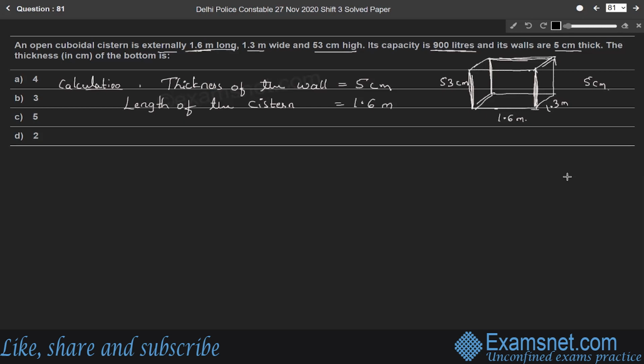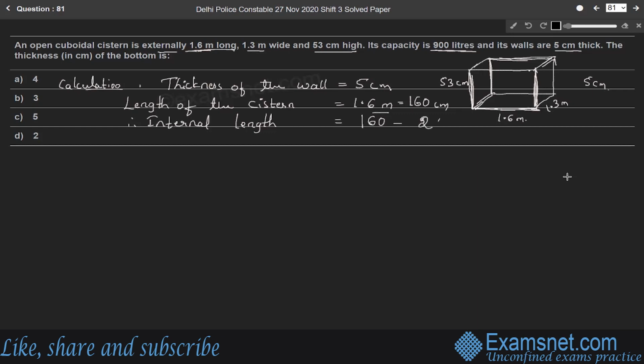Therefore, internal length: including the thickness of the wall, its length is 1.6 meter, which means 160 centimeter. 160 minus 2 times the thickness, because 5 centimeter is the left thickness and another 5 centimeter is the right thickness.